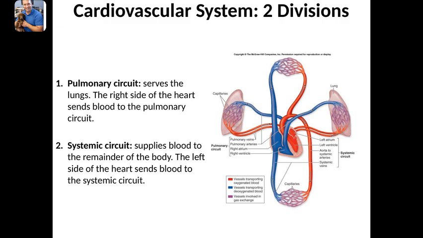So there are two different circuits. We've got the pulmonary circuit, which is essentially where gas exchange occurs. The pulmonary circuit is driven by the right ventricle, and the contents of the right ventricle are going to be ejected from the powerful myocardium in the right ventricle, and it's going to head out the pulmonary valve, which is a semilunar valve, which is going to go to the left and to the right.